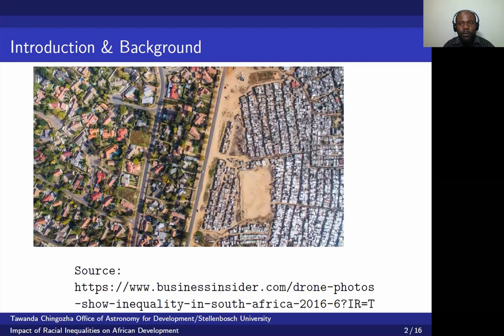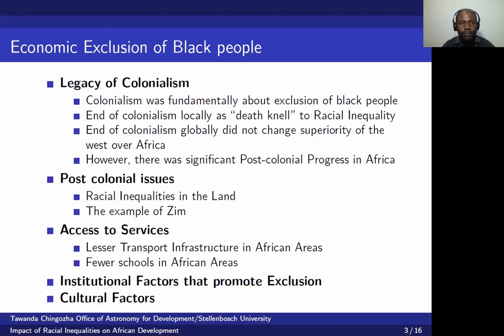So this is a photo from South Africa, but you can see the same phenomenon across the entire continent. So this is a famous photo because it just summarizes some of the issues that we are struggling with respect to racial inequality. So this is inequality with respect to housing access that is being shown here.